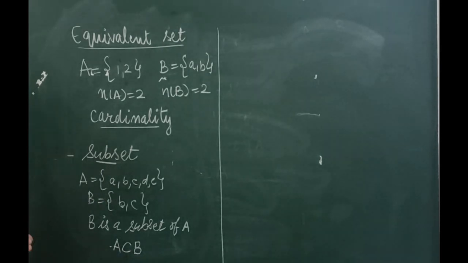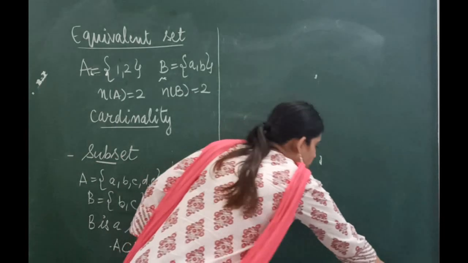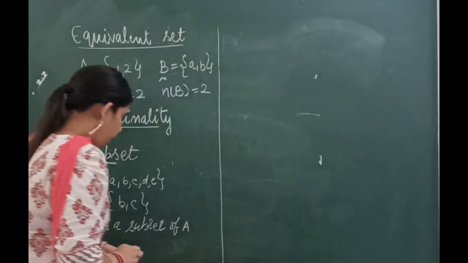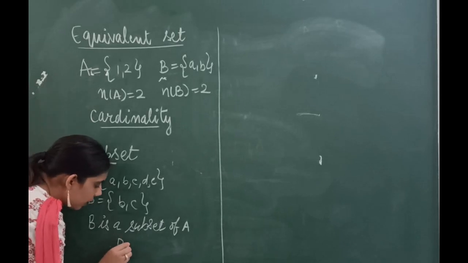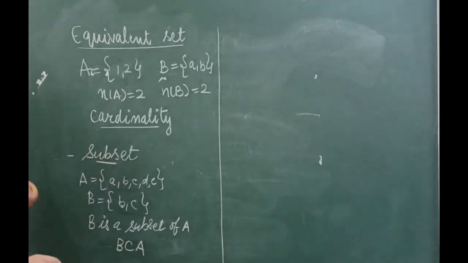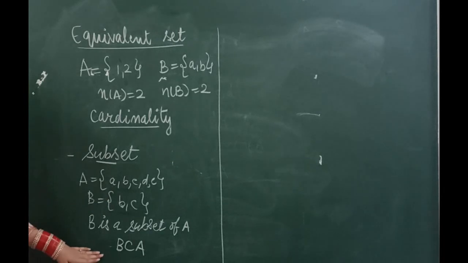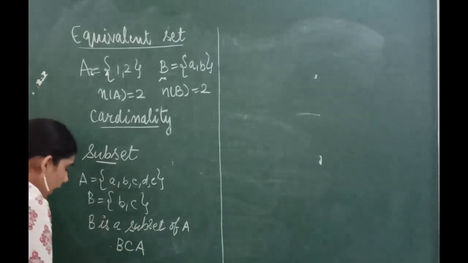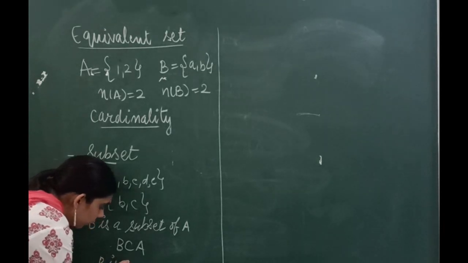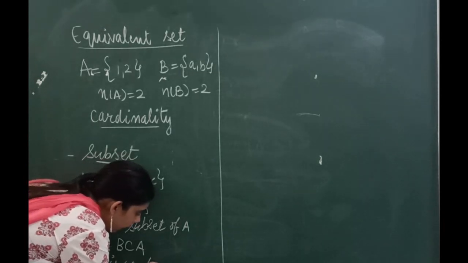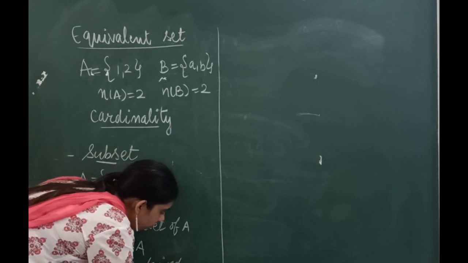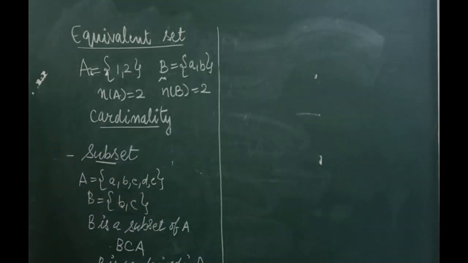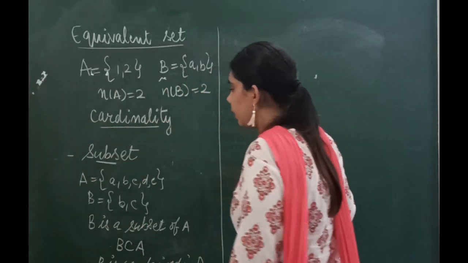Oh sorry, I have written it wrong. B is a subset of A. So one method to read is B is a subset of A. Another method to read is B is contained in A.